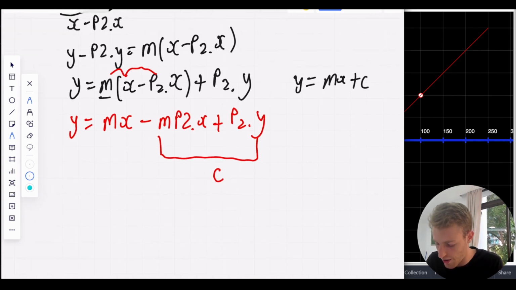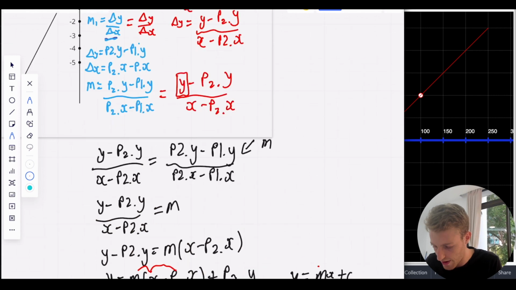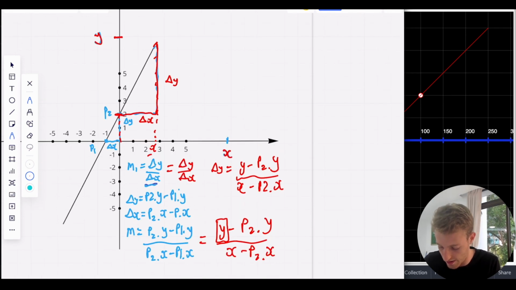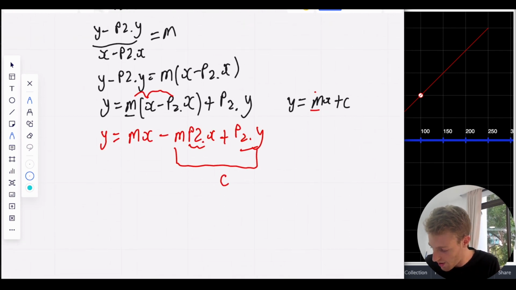And all that we have here is that this on the right over here is our c, right? Because this is our m over here, and our c, because these two are known points, right? We know where p2.x is and p2.y is. We're looking for this x and this y. So that over there forms our c, which comes to this classic equation of the line y is equal to mx plus c.